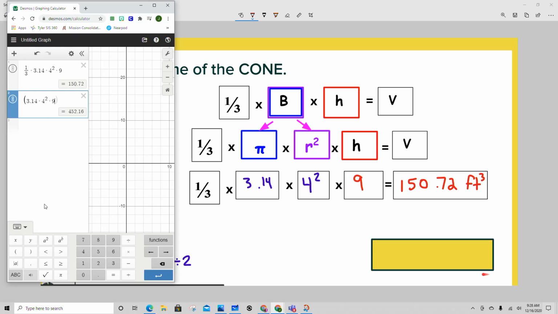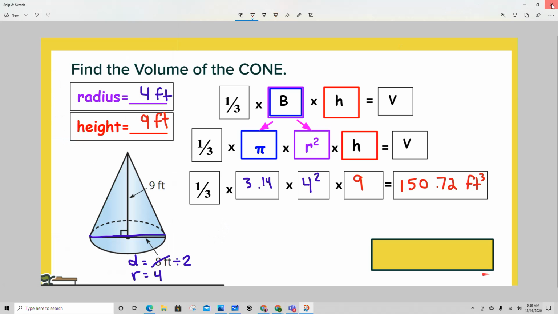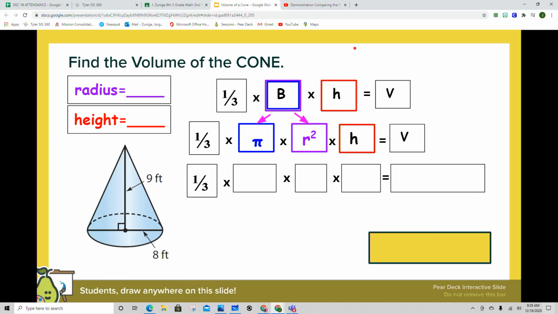You're going to close your parentheses, and then you can divide by 3 instead, and you'll still get the same answer. So either you multiply by 1/3 or after you close your parentheses, you can divide by 3. So those are two different ways to get the answer. Let's move on to the next example.